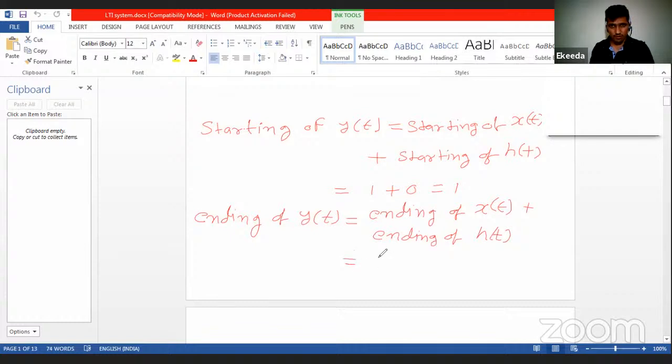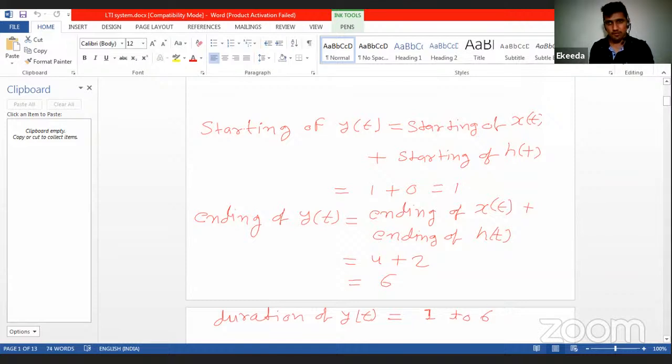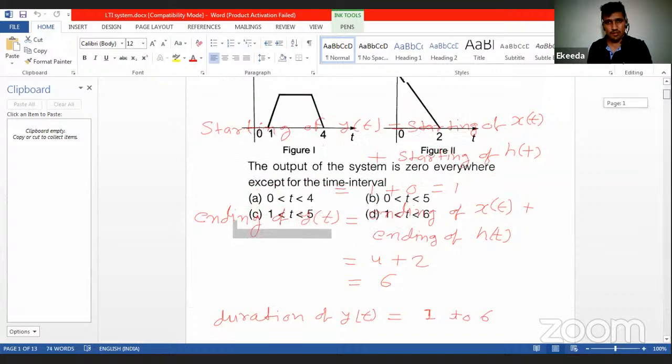By this you can do this. x(t) is ending at 4 and s(t) ends at 2. So the duration of y(t) is from 1 to 6. So the answer will be D.